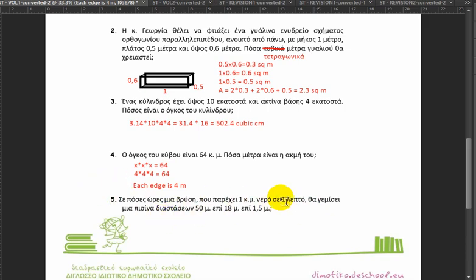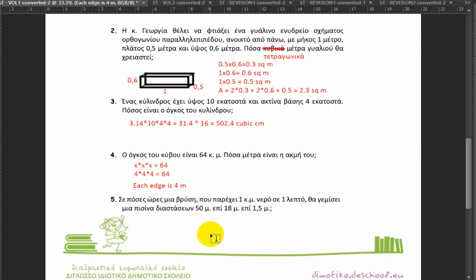Now, this is a difficult one. This one asks us, we have a faucet that gives out 1 cubic meter of water in 1 minute. So 1 cubic meter of water per minute. It's asking us how many hours it is going to need to fill up a pool that has these dimensions.